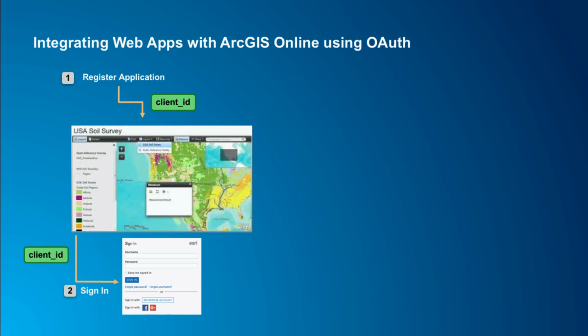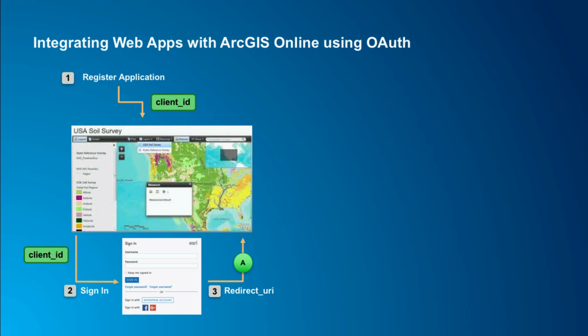The user logs in. That login stays on ArcGIS Online over HTTPS, so your application doesn't see any of that. Then a token gets generated and the call gets redirected to a redirect URI that you specify when you've registered the app.